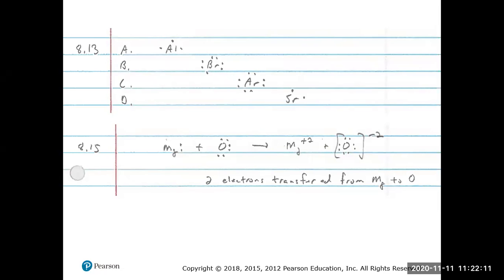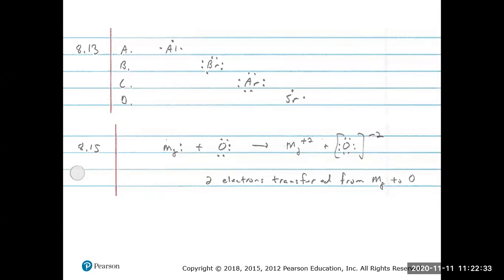group it's in. The next one I'd like to talk about a little bit is 815. Here they asked us to use Lewis dot structures and diagram the reaction between magnesium and oxygen atoms to give magnesium oxide.